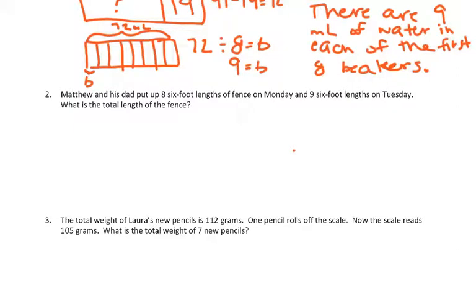Matthew and his dad put up 8 6-foot lengths of fence on Monday and 9 6-foot lengths on Tuesday. What is the total length of the fence? So first we need to figure out the total length for Monday. I'm going to draw a tape diagram.